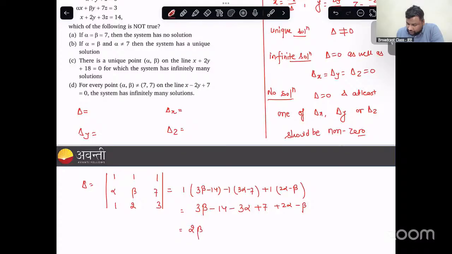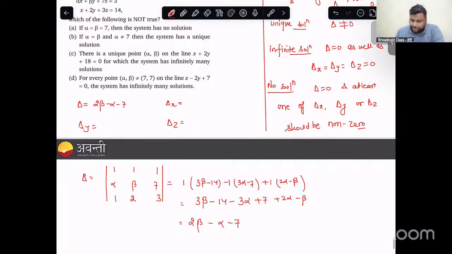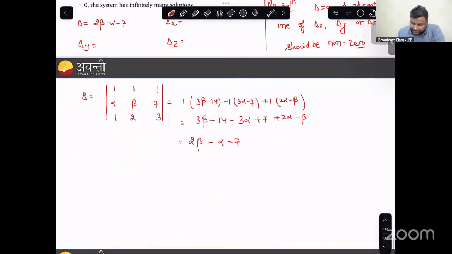So it is 2 beta minus alpha minus 7. We will keep it up to this point only as of now, because neither I can factorize this nor I can do anything. So just leave it here only. So it is 2 beta minus alpha minus 7. Correct?